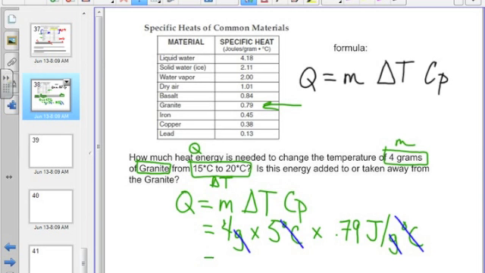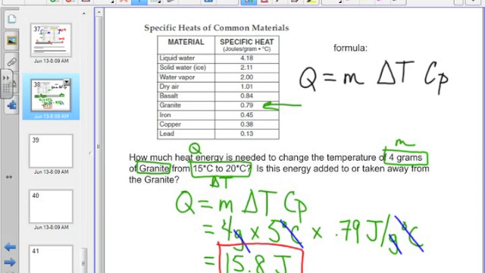We find that we have now 4 times 5 times 0.79 gives us 15.8, and our units, joules. 15.8 joules of energy are needed to bring about the temperature change in 4 grams of granite from 15 to 20 degrees Celsius.